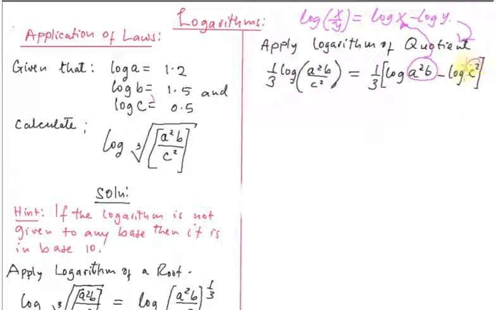This is logarithm of x minus logarithm of y. So we have written our logarithm as a quotient, and we can now continue.